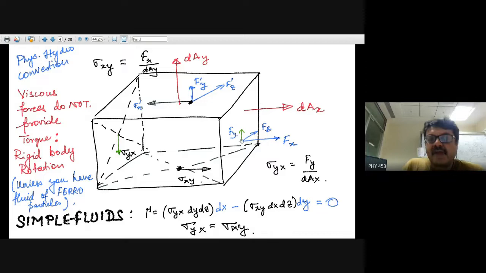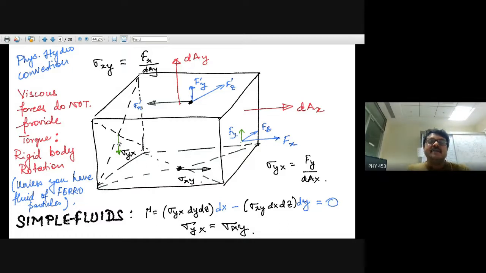Now suppose Fy, a force in the y direction, was acting across the surface area whose outward normal is in the x direction, then sigma yx, because force in the y direction, the first index is the direction of the force as per the conventions of physical hydrodynamics, acting on the x direction, the stress tensor would be Fy by dAx.